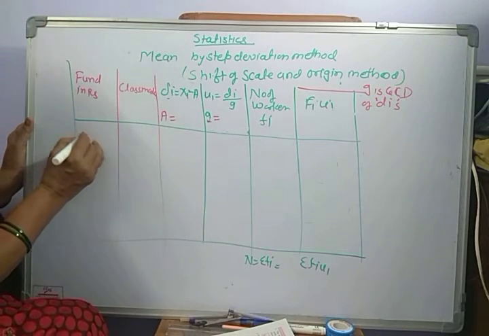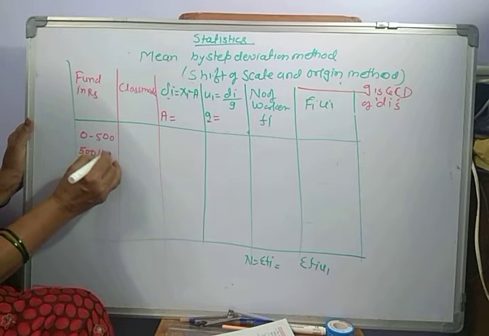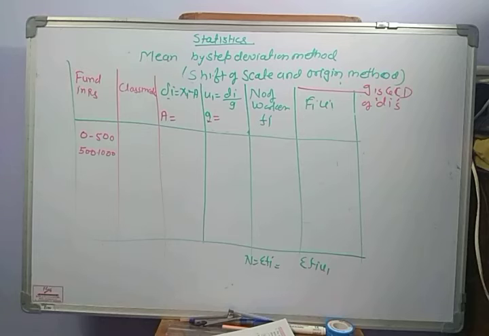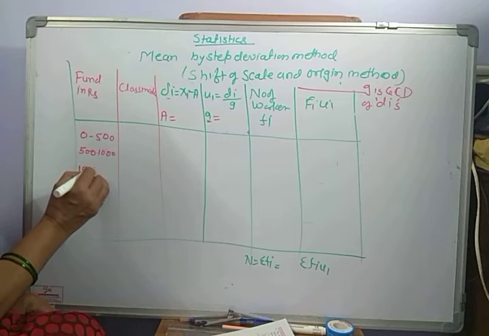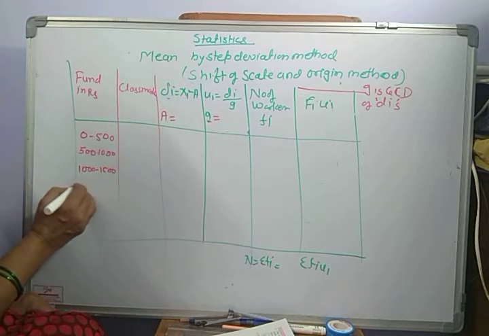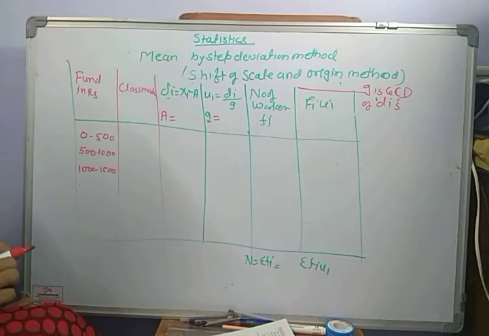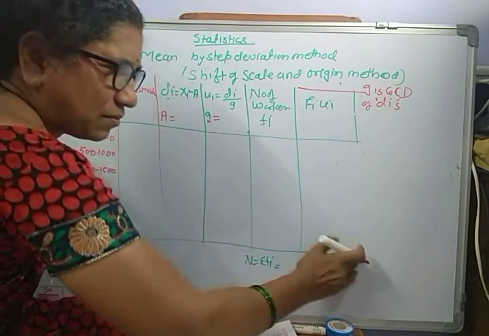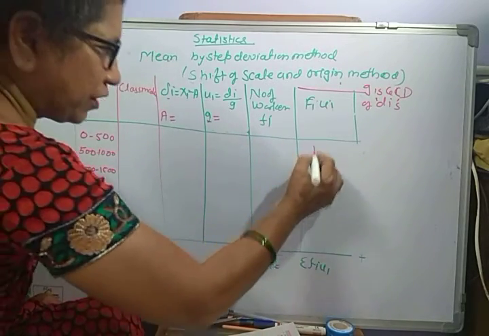So what are the sums? 0 to 500, 500 to 1000, 1000 to 1500. So if I draw the graph of this picture, what will I get? Here I am going to show the graph. This is 0 to 500.